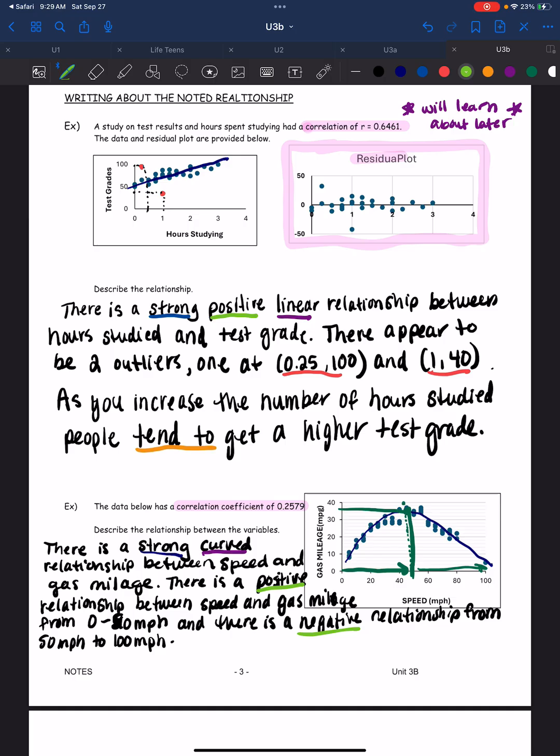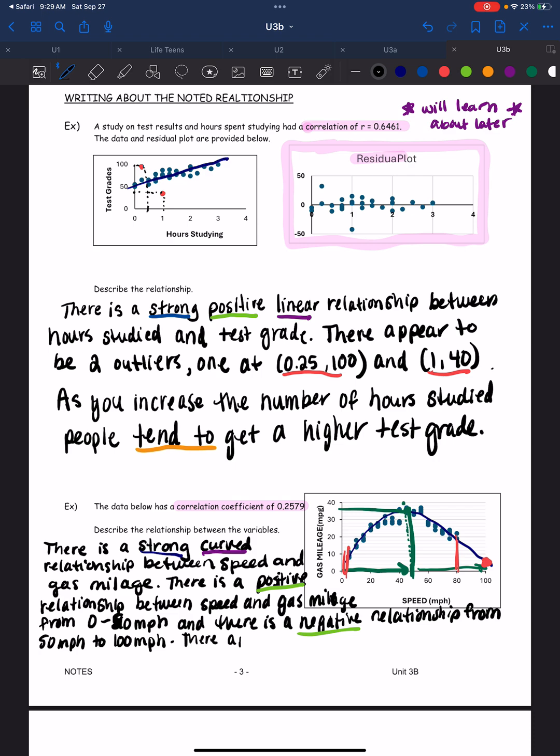So I've talked about strength, form, and direction. We want to comment and see if there's any outliers or high leverage points. To me, none of the data values are really crazy outliers, but there is this point that's a little bit further than the rest of them. When you have something that's farther than the range of everything else, which is spanning from 0 to 80, and that one's over at 100, I would say that one could be considered a high leverage point.